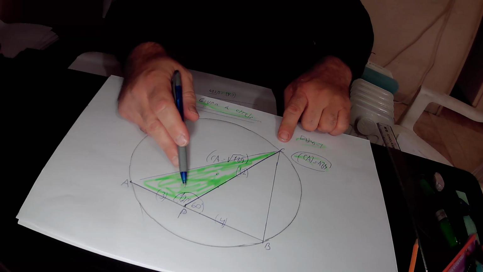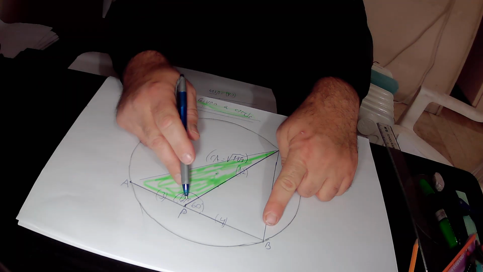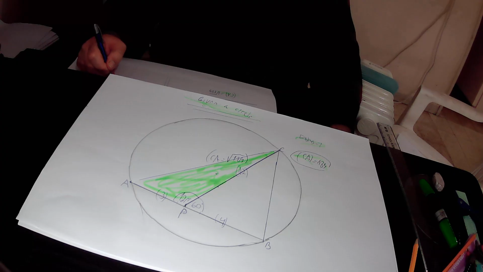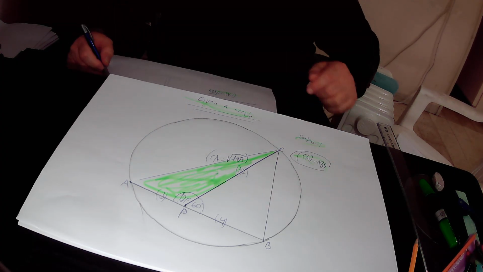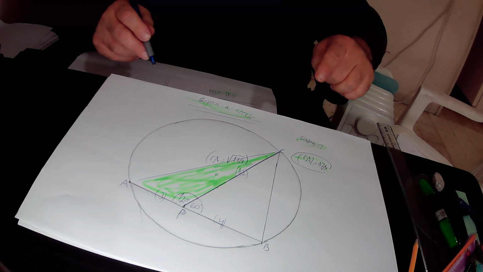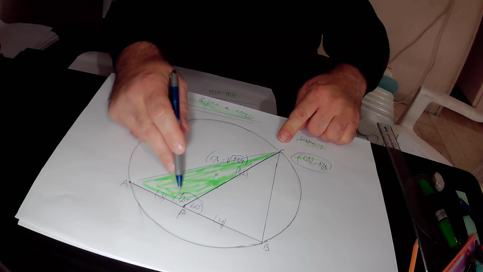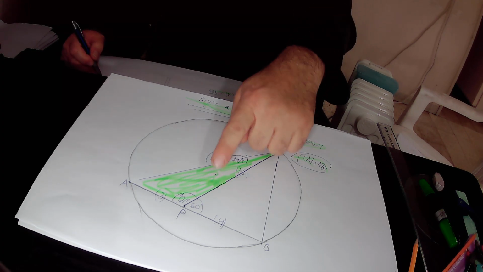CP is 12, therefore CP squared is 12 squared, is 144, plus PB squared. PB is 4, therefore PB squared is 4 squared, this is 16, minus 2 times PB, which is 4, times CB, times CP, this is 12, times cosine 60 degrees.